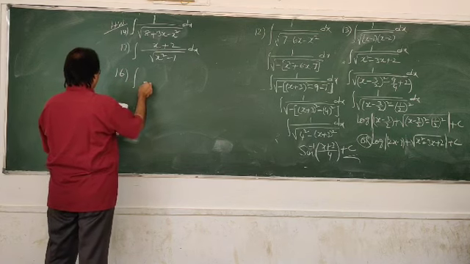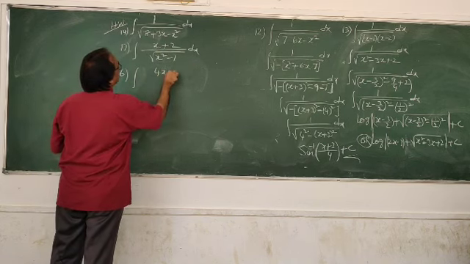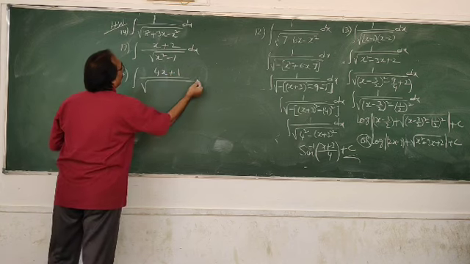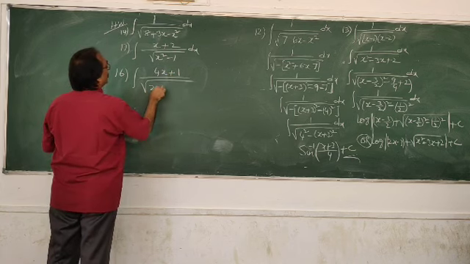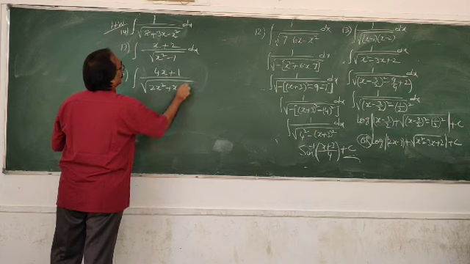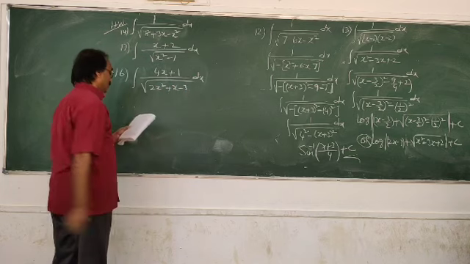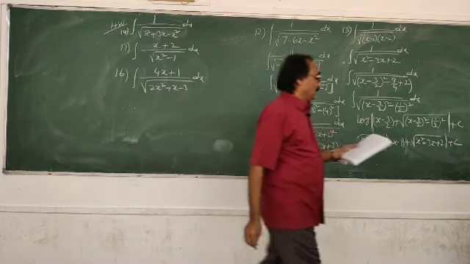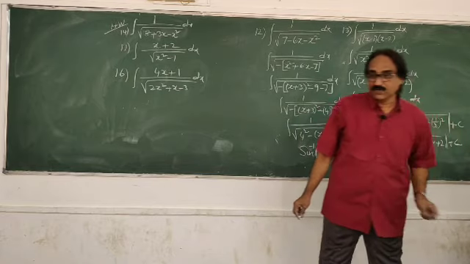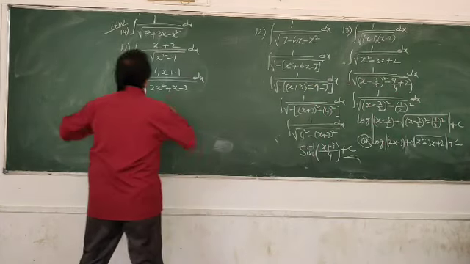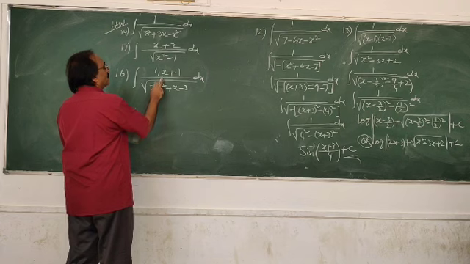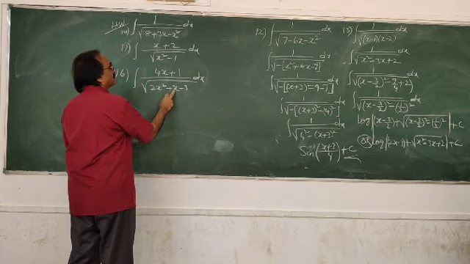You see, integral 4x plus 1 by root of 2x square plus x minus 3 dx. So with this we will see now, 4x plus 1 by root of 2x square plus x minus 3. Now what is the derivative of 2x square? 4x. What is the derivative of x? 1.